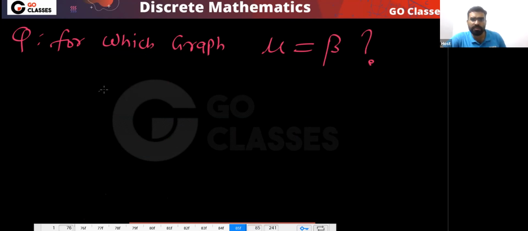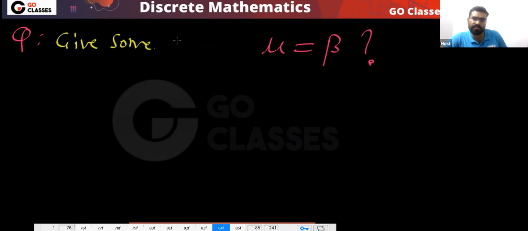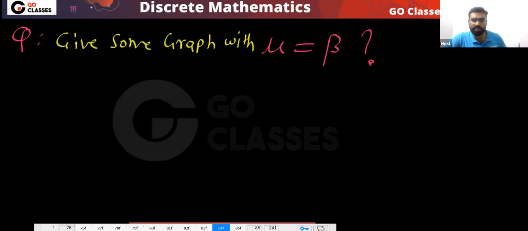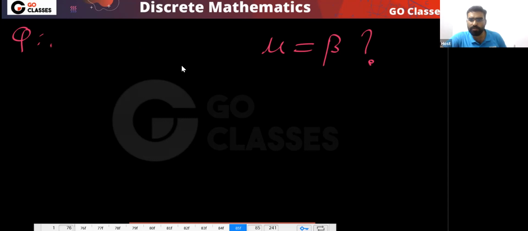Give one graph, give some graph with μ equal to β. Can anyone give me some graph where μ is equal to β?